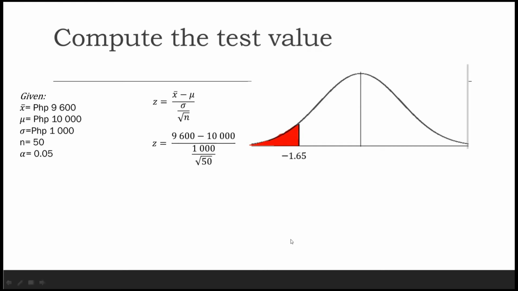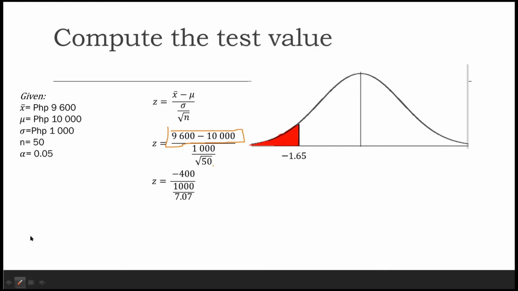Then, simplify natin. So, 9,600 minus 10,000 is equal to negative 400. And then, square root of 50 natin ay 7.07.